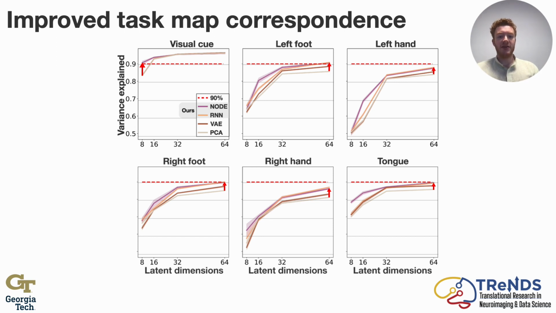Although PCA has a lower reconstruction error, so it has better reconstructions technically, it does not actually capture the task-specific regions in the brain better than our models. Both our models outperform both the PCA and autoencoder, but especially our node-based model performs much better, which means that it captures much more of the actual important variance in the brain, although it does capture less overall variance in the brain.